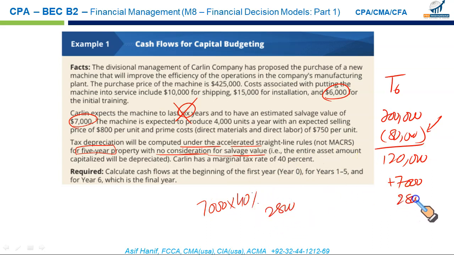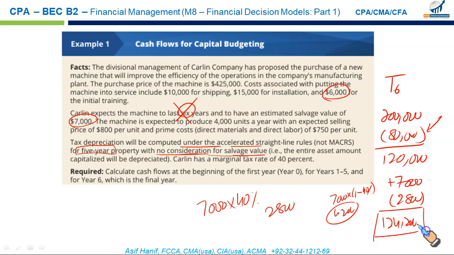So deduct this. There are two ways. Either you simply take this 7,000 on an after-tax basis, multiplying 7,000 by 1 minus the tax rate, which will be 4,200. Else, you write the full cash flow and then deduct the tax later. Nonetheless, your result will be the same. So let's net it up. 120,000 plus 7,000 less 2,800 gives you 124,200. This is the cash flow at the end, or the terminal cash flows.